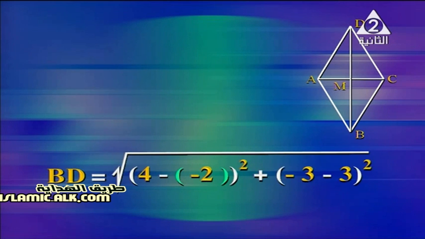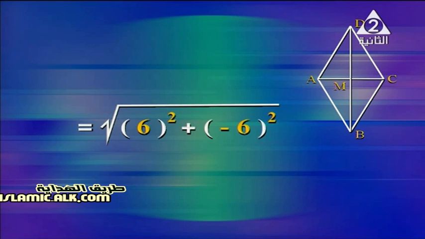What about the length of BD? By the same way, BD equals the square root of (4 - (-2)) to the power of 2 plus (-3 - 3) to the power of 2, to obtain the square root of 6 to the power of 2 plus (-6) to the power of 2, which gives 6 square root 2 units.